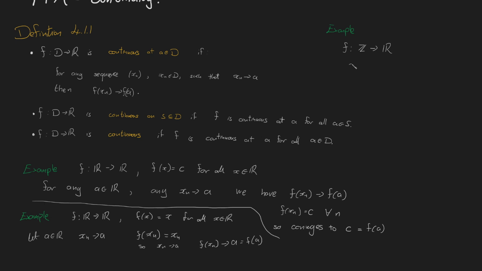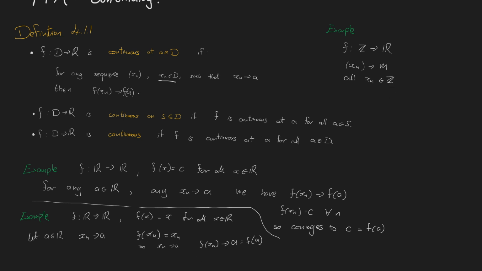So if we take xn, which is converging to some integer m, what we have to take into account is that all of the terms of the sequence are elements of the domain. And so all xn are elements of the integers.